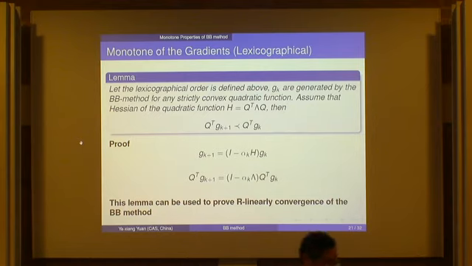This is an encouraging result, and this kind of monotonicity can be used to prove convergence. Why? For example, think about a word that is monotone. If the first letter is A, then the second letter has to be A, or smaller than A, like B or C. So you can prove the first component has to go to zero. Once that converges, you can prove the second component also converges.